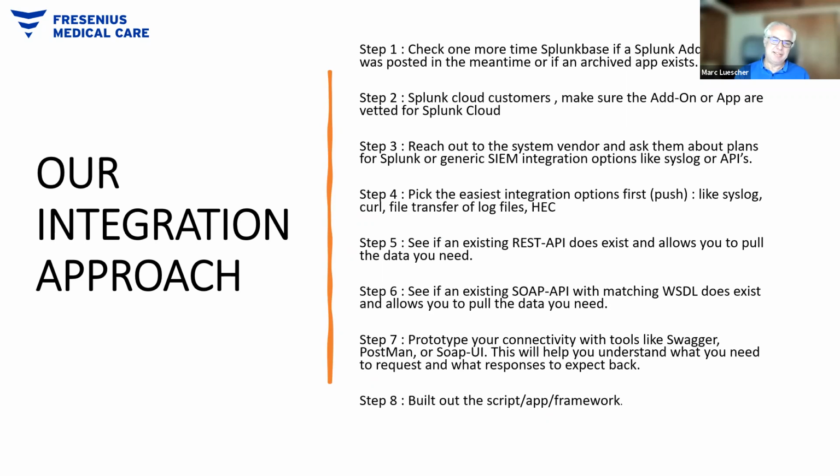Step number 8, build out the script, app, or framework. Script: once you understand how the requests need to look, the first request is get me a token, the second request is give me a list of all the devices, the third request, give me information about all the devices returned in step number 2.